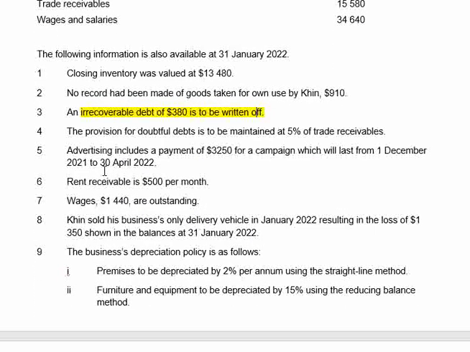Then if we move on, we will see advertising includes a payment of 3250 for a campaign which will last from 1 December 2021 to 30 April 2022.